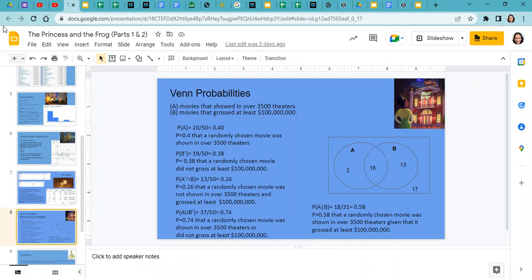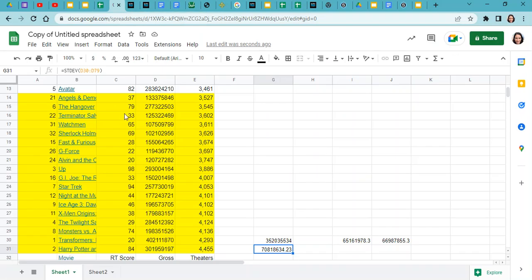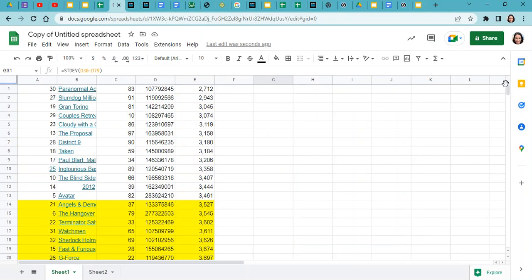Then going back, these had over $100 million. Is that it? Nope, sorry, this one here. These up here had over $100 million, but they had fewer than 3,500 theaters, and that looks like it's 13.